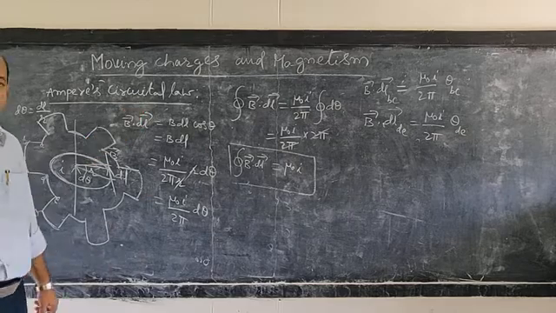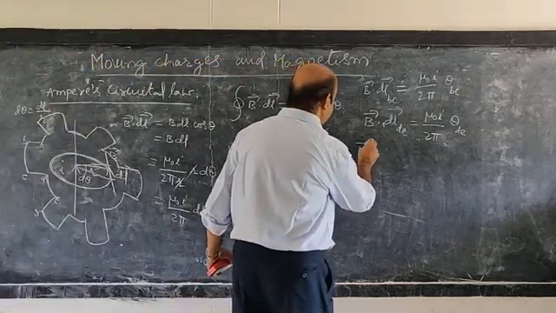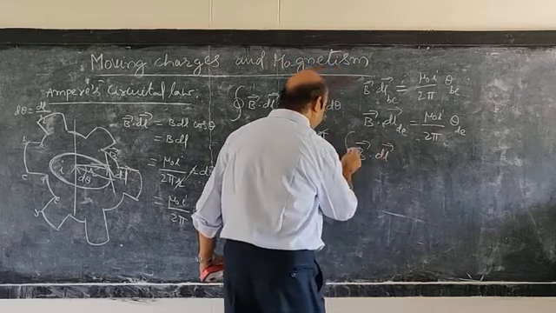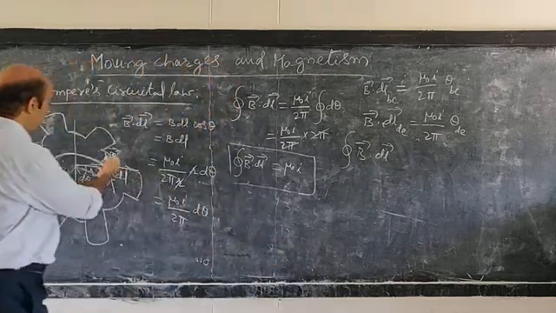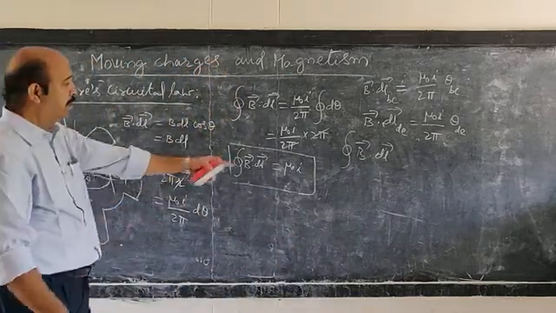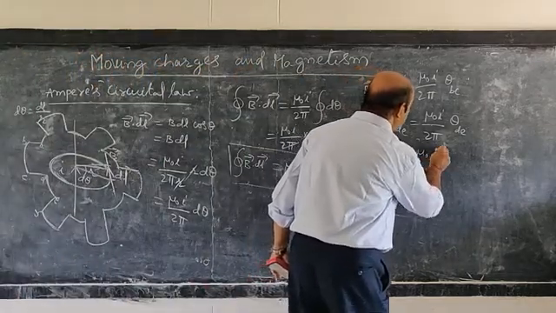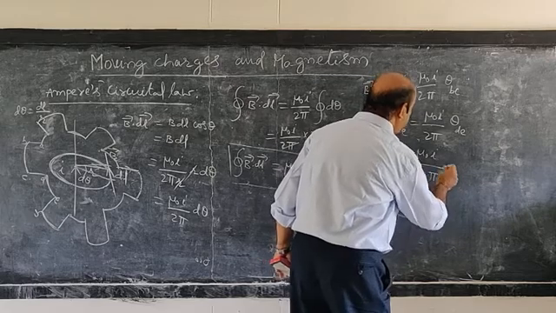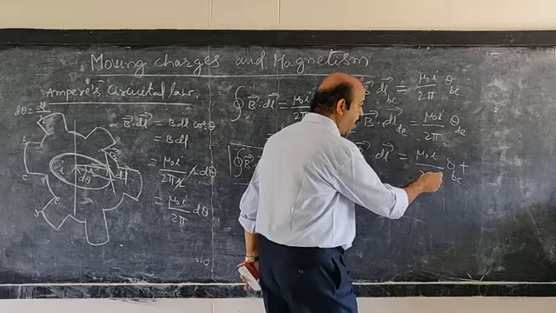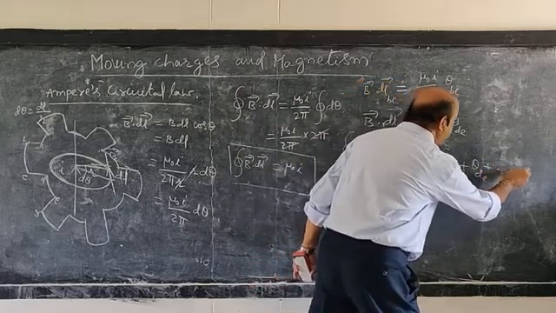Hence, I am not writing that. Therefore, if you find the integral of B bar dot dl bar for the entire closed path, this integral is given by the sum of these, mu naught I by 2 pi theta BC plus, I can take this as common, theta DE plus and so on.